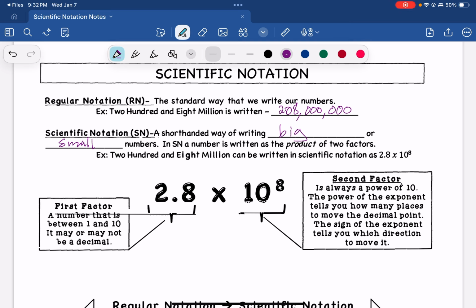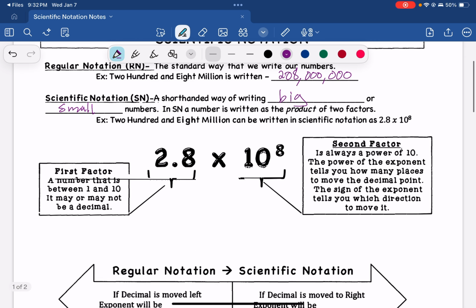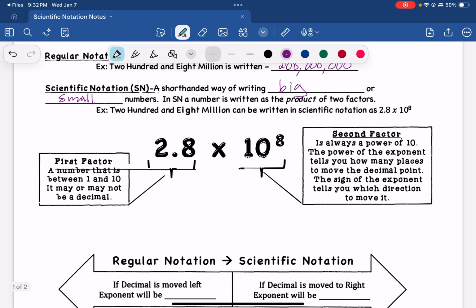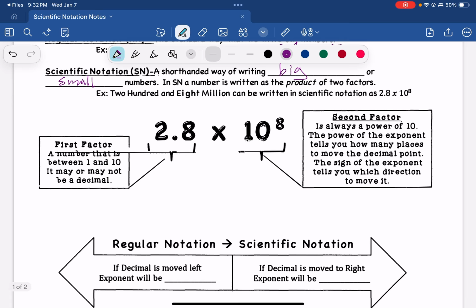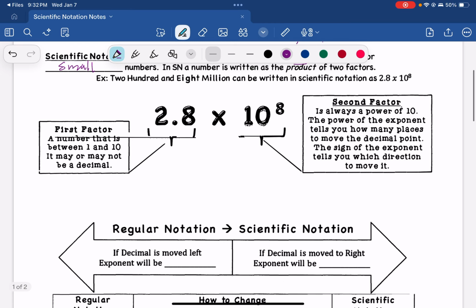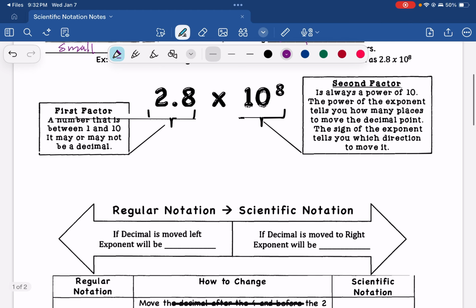In scientific notation, the number is written as the product of two different factors. So for example, if we write this in scientific notation, we've got our first factor at the beginning here.